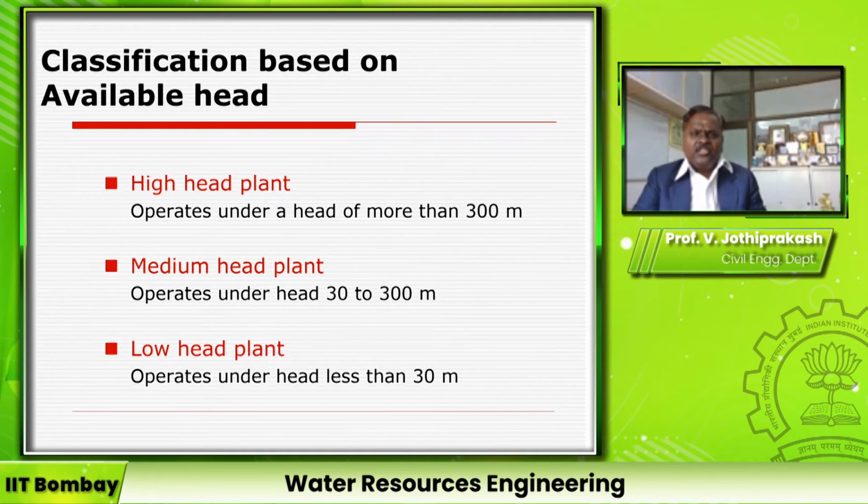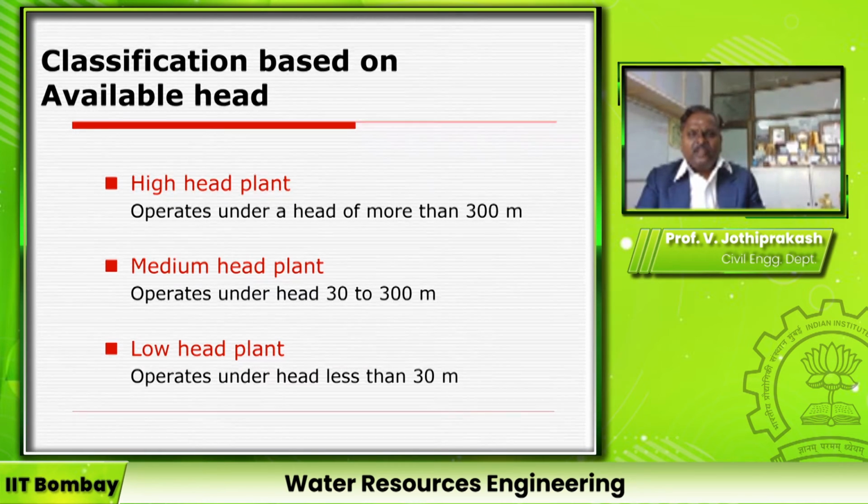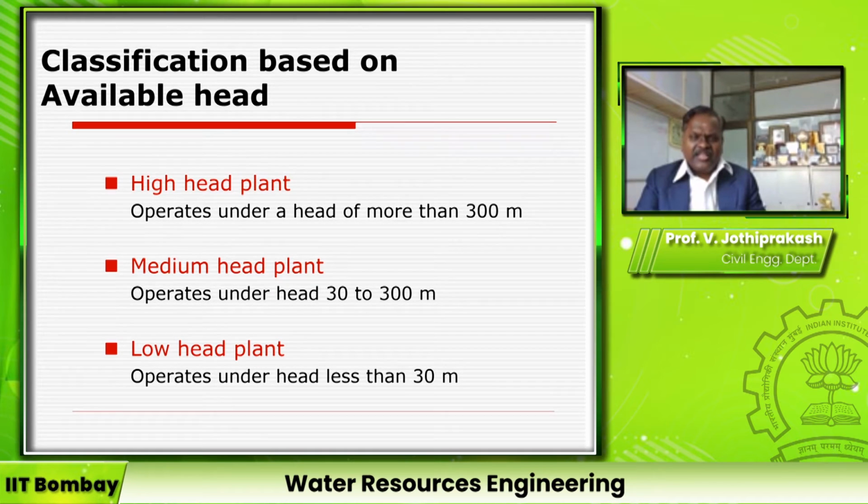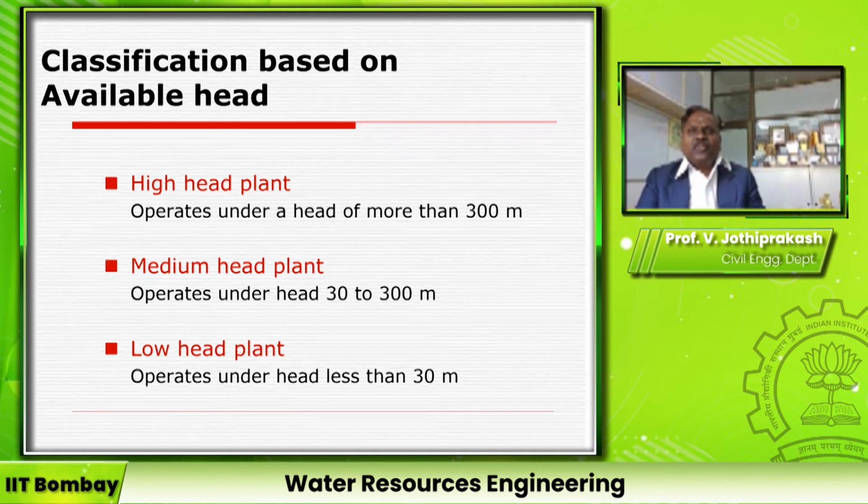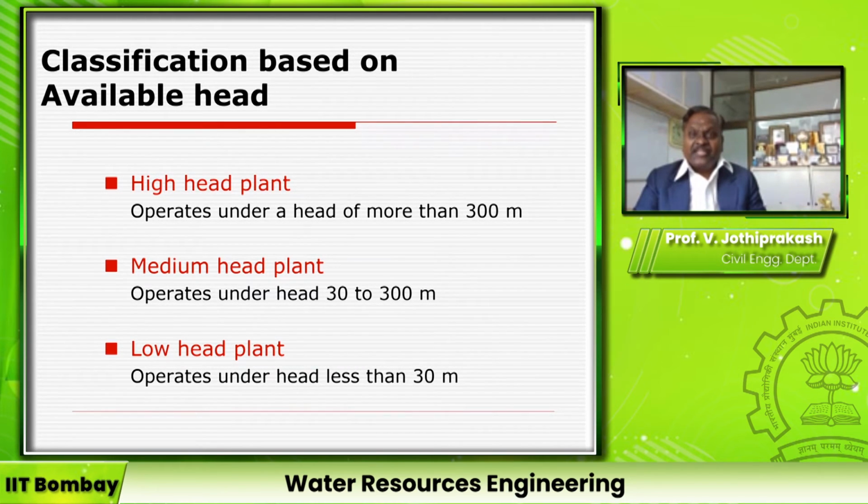If that level difference is more than 300 meters, such power plants are called high head power plants. If it is between 30 to 300 meters, it is called a medium head power plant. If it is less than 30 meters, it is normally a low head power plant. We classify these different types based on the hydraulic property, head or unit capacity because the selection of the type of pump to be installed depends on it, right?